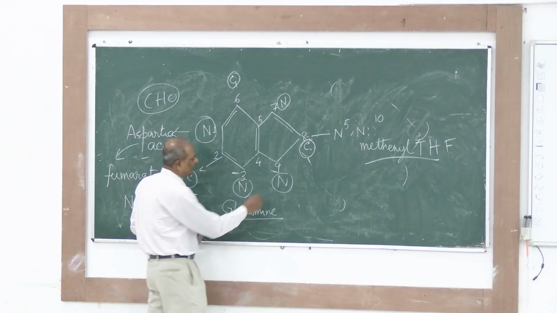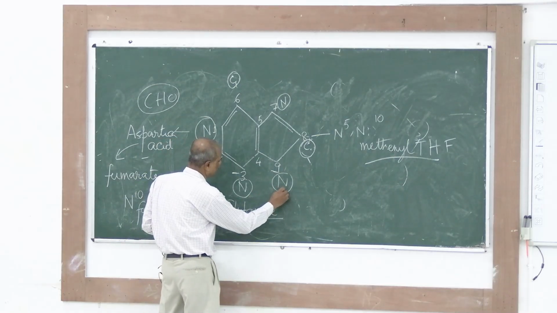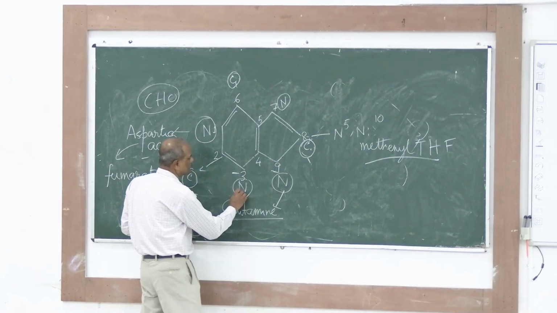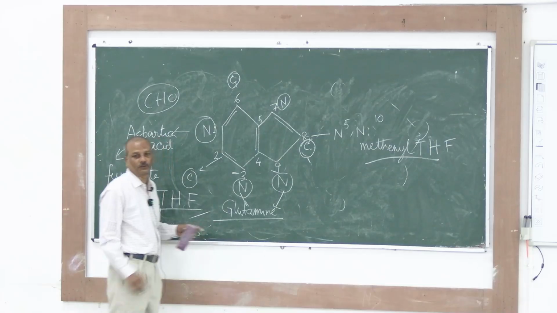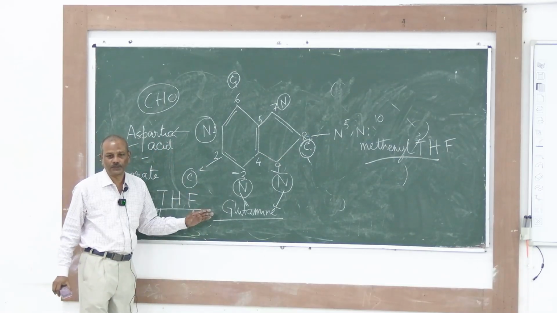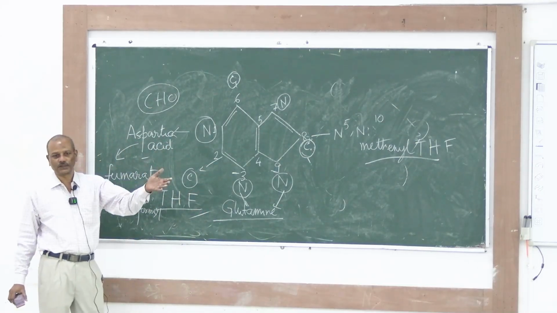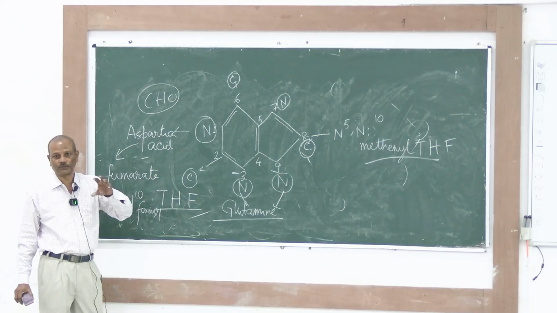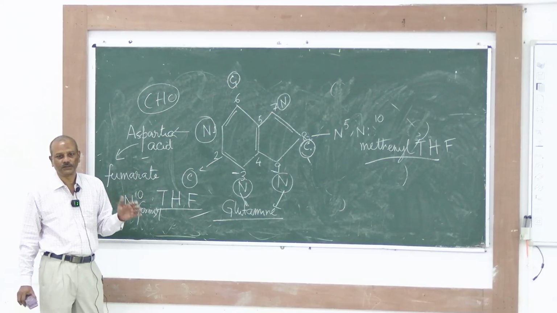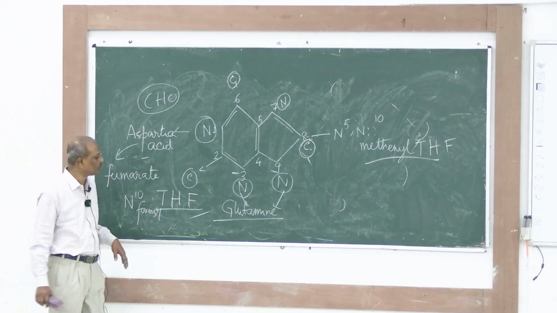And this 9 position is also contributed by glutamine. So the third and 9 positions are contributed by glutamine, and after donating that extra amino group nitrogen, it gets converted into glutamic acid.